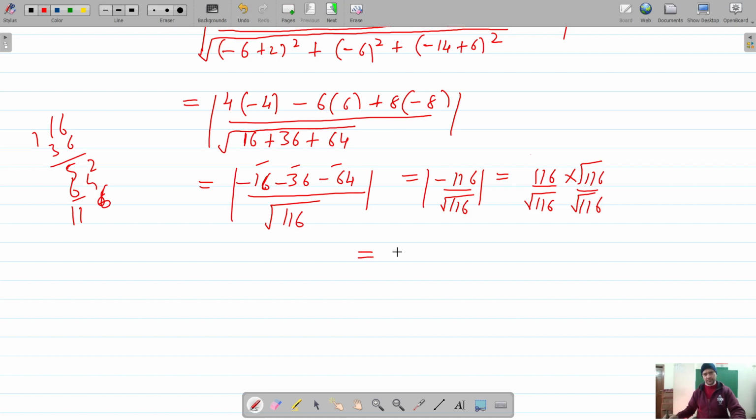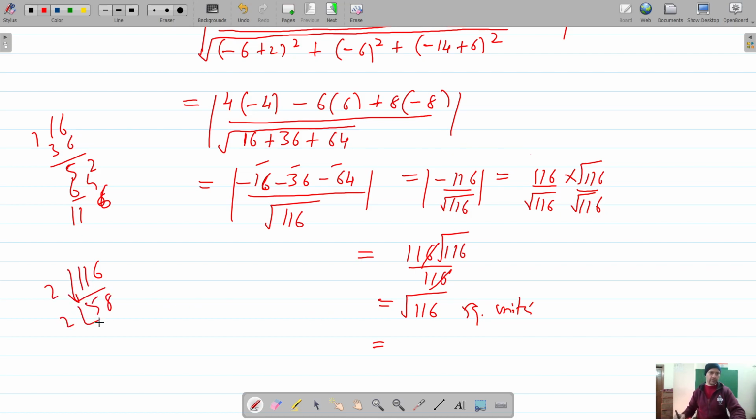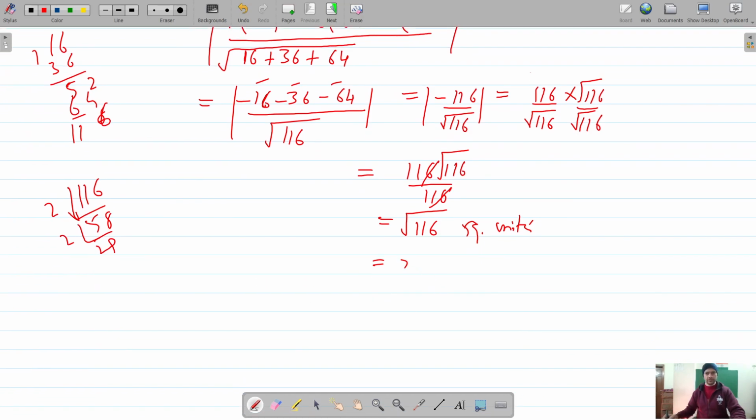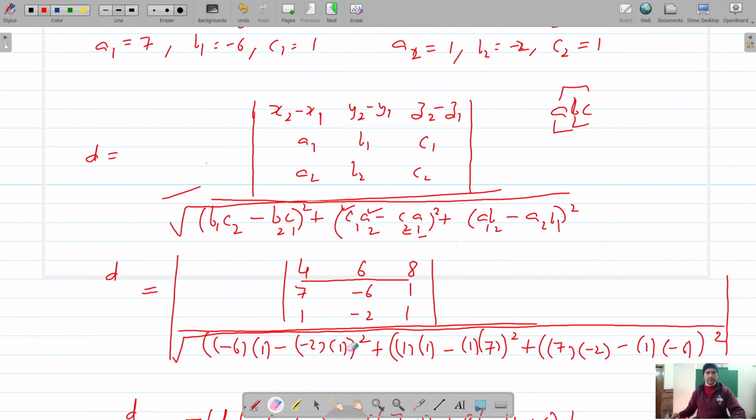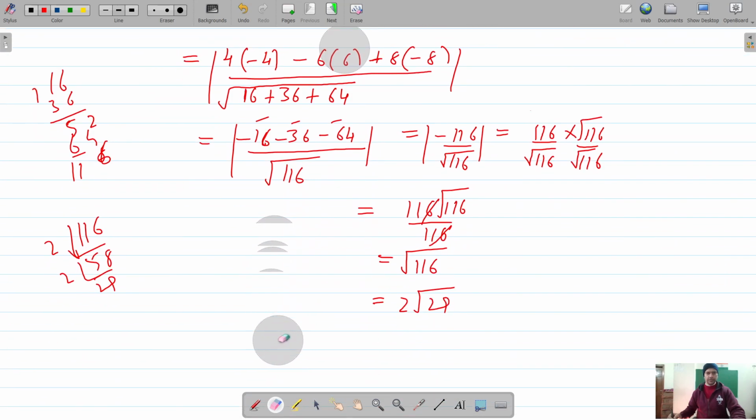If we rationalize this, that gives root 116. It's not square units, it's just units. Root 116 can be written as root of 4 times 29, which is 2 under root 29 units.